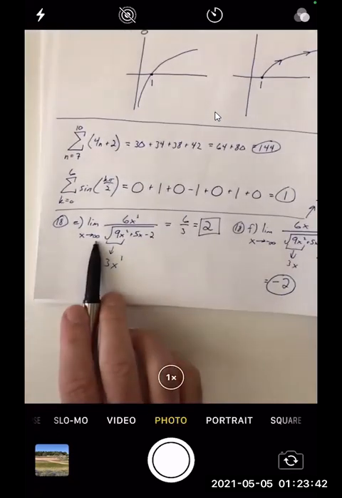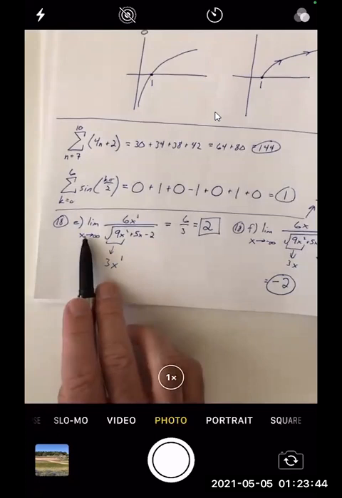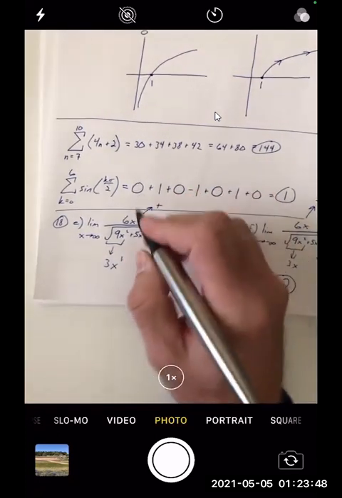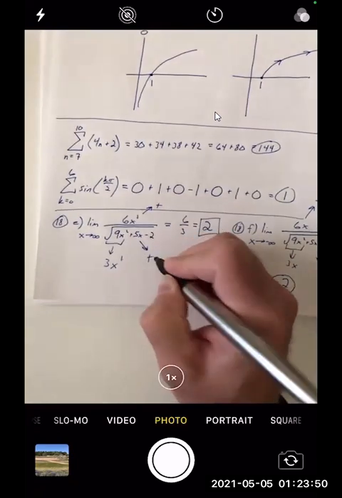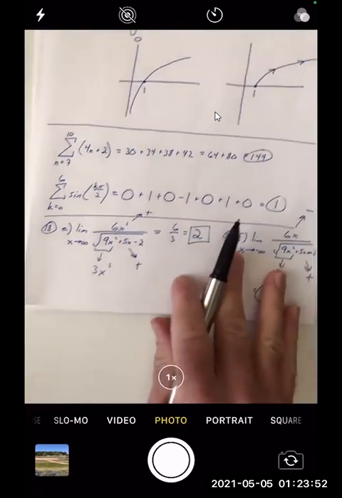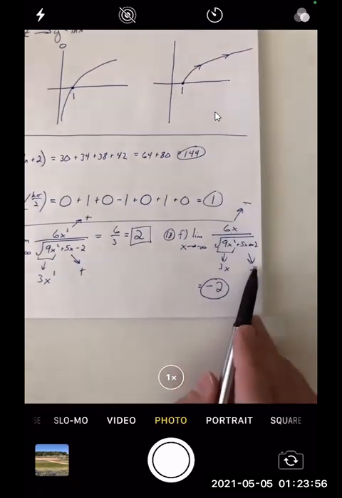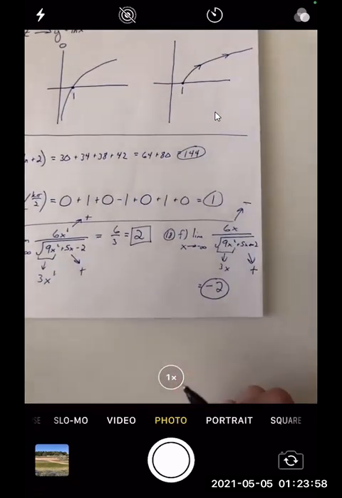On 18E, since x was approaching positive infinity, the numerator was positive and so was the denominator. That didn't matter. But it definitely mattered over here because it changed the numerator to negative and the denominator stayed positive.